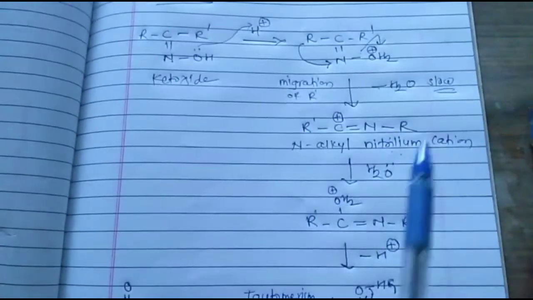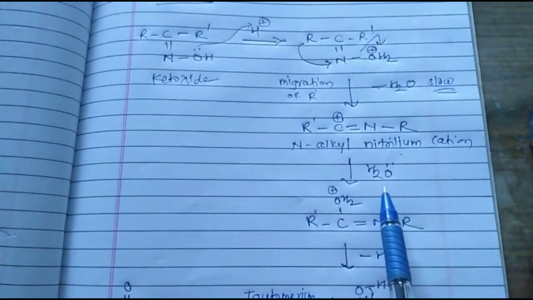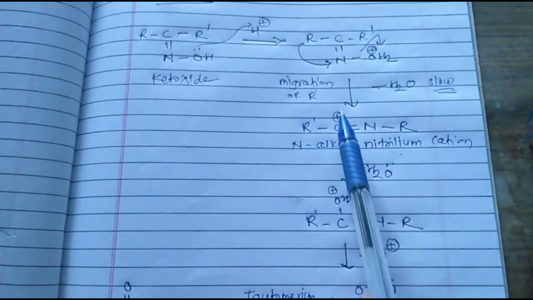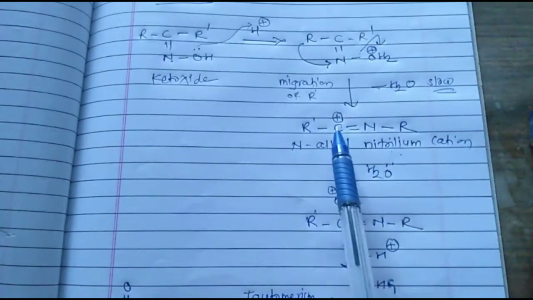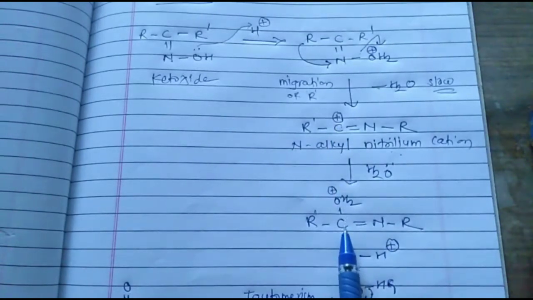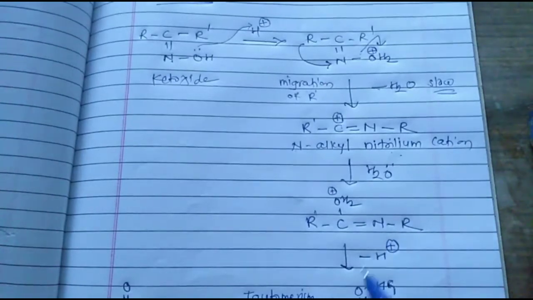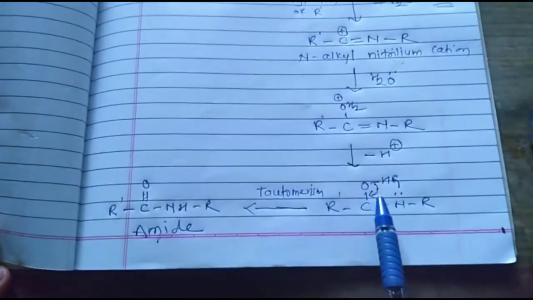Then by the attack of this water molecule again, since in this nitrilium cation this carbon has a positive charge, this water attacks this carbon in this manner. After that, what happened here? By the removal of this H+, there is a formation of this OH.